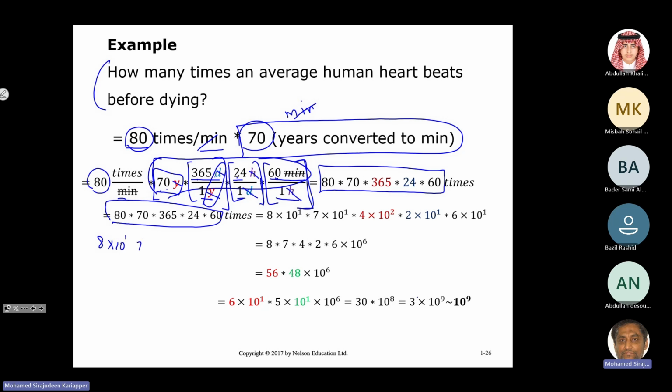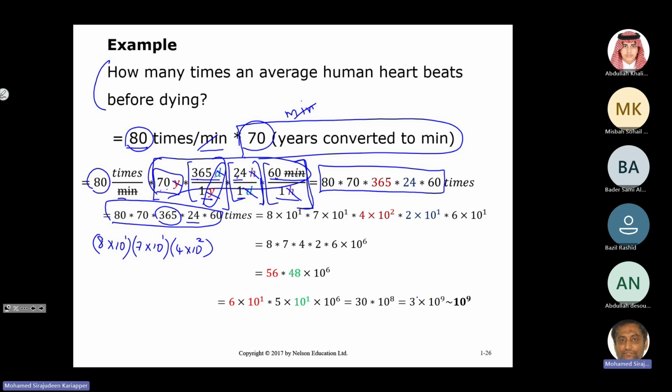And 70 can be written as 7 into 10 to the power 1. 365 is actually 3.65 into 10 to the power 2, right? So I will round it to 4, because I can round very freely, since it's more than half. So 4 into 10 to the power 2.